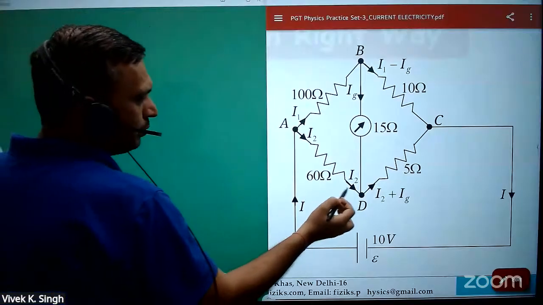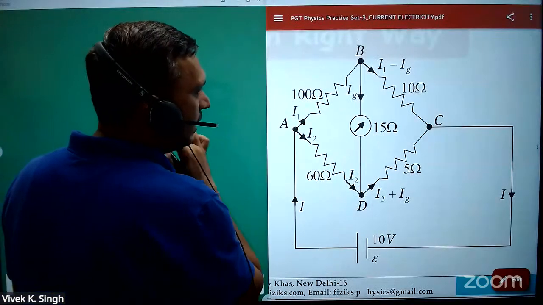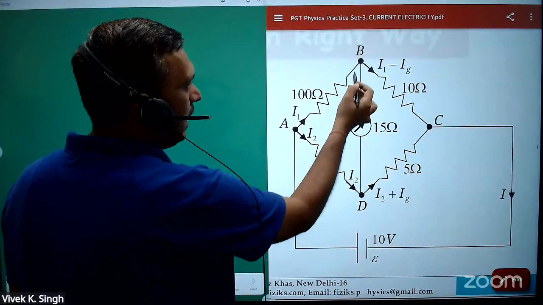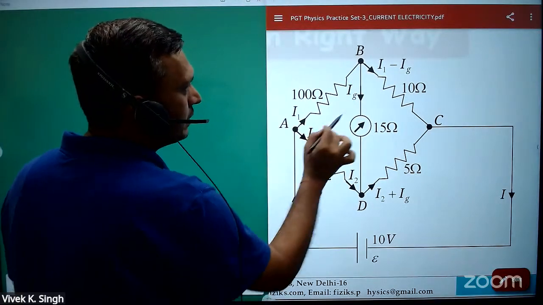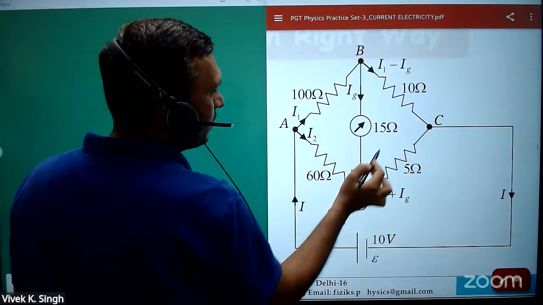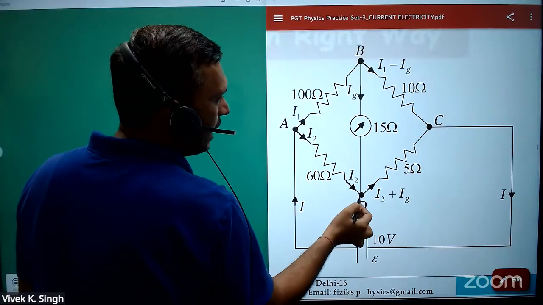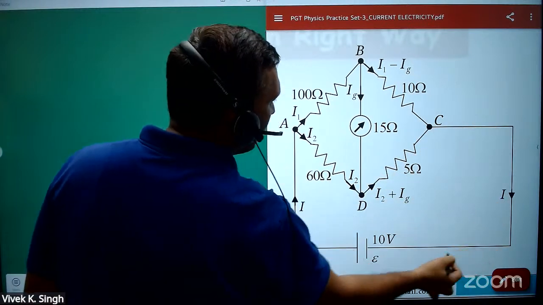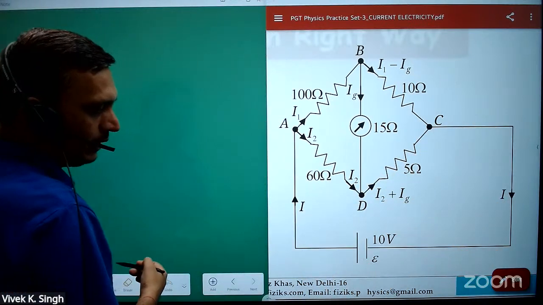So assume this current in the circuit is I, and this is dividing at this node into I1 and I2, and I'm taking the galvanometer current to be IG. So at this point, this will be I1 minus IG, and this will be I2 plus IG. And again at this node, you will get current I1 plus I2 is I. Yes or no?